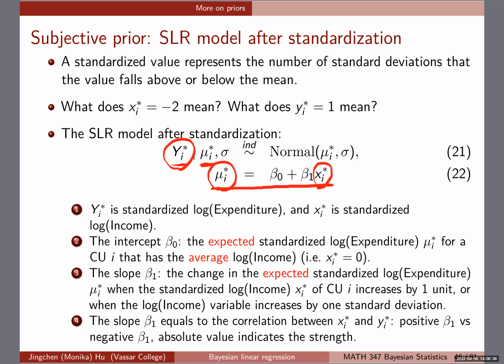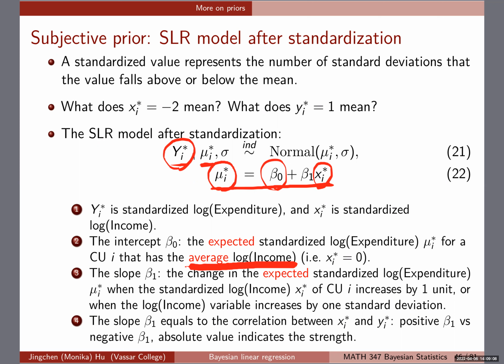Remember, the intercept, whenever we do it, is looking at when xi, or in this case xi star, equals 0. And when xi star equals 0, we're talking about an observation at the mean. So that's why we say the average log income, where xi star equals 0 is the mean. So if I have a particular belief about this kind of observation, then I can use a subjective prior through the standardization process.